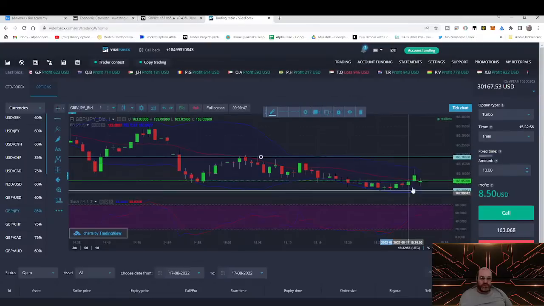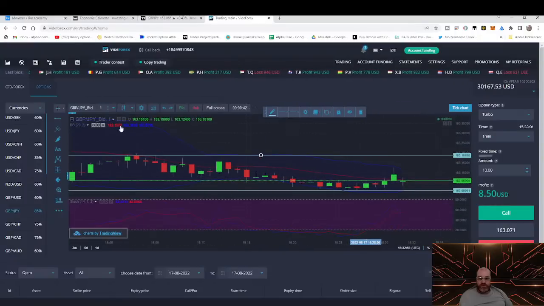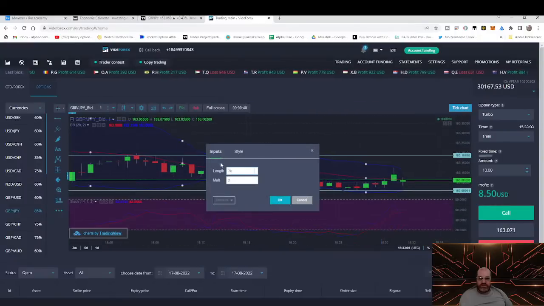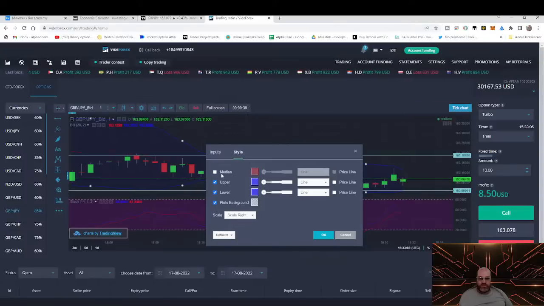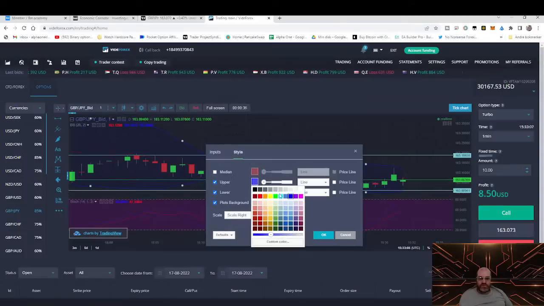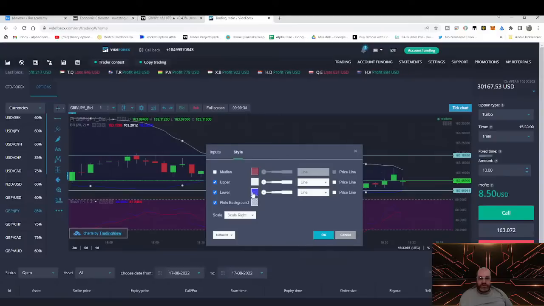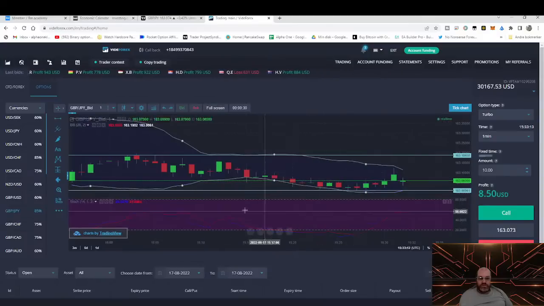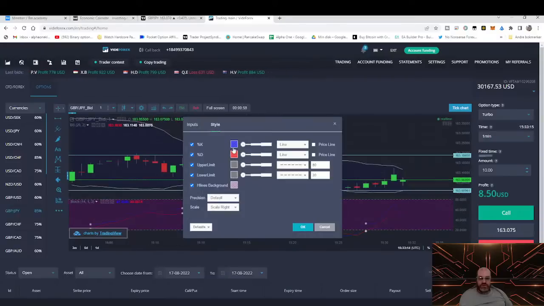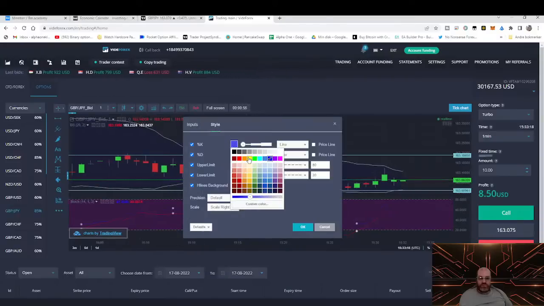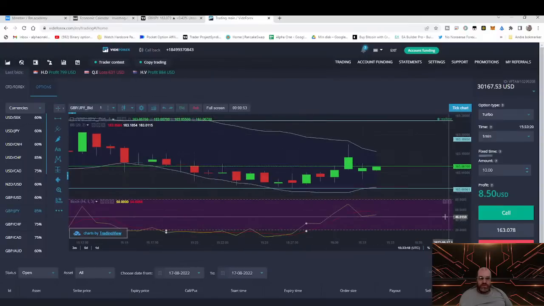I think up there. Yeah. Now let's change some colors so it's a little easier to see. We don't need the middle one. We change this one to white, this one to white, and here we change the stochastic to yellow. Then it's easier.